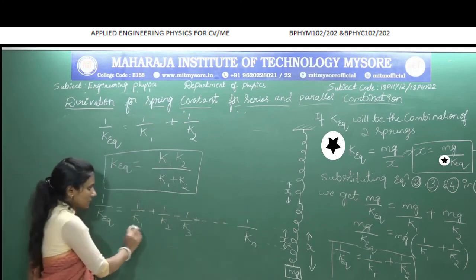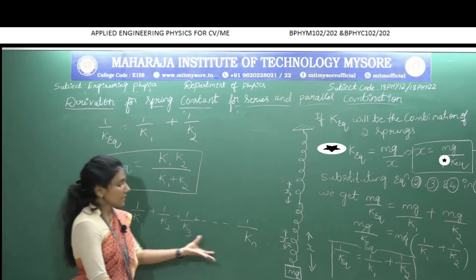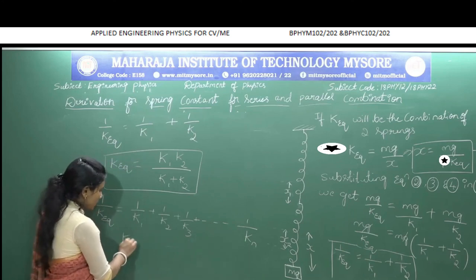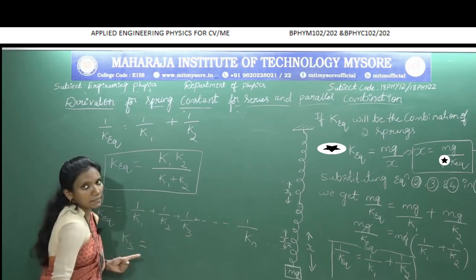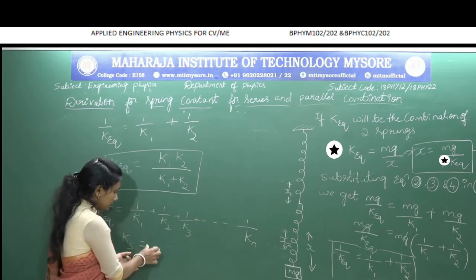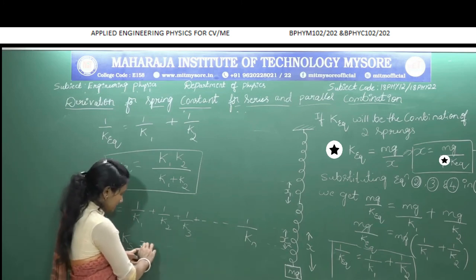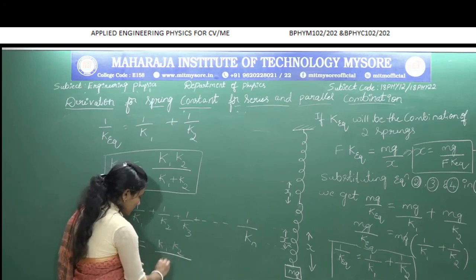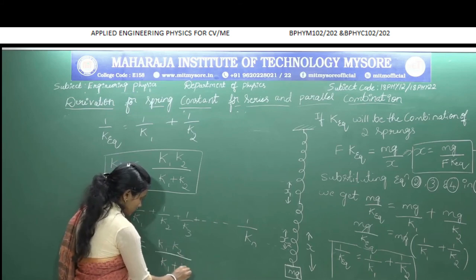When the number of springs are connected in series, they can be regarded as a single spring, which can be written as K series is equal to K1 into K2 divided by K1 plus K2.